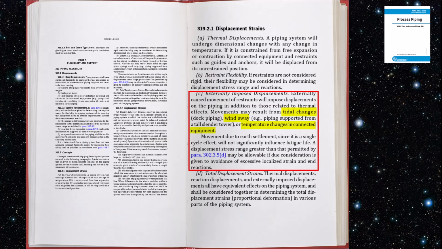Clearly, all of these externally imposed displacements are self-limiting and must be handled exactly as the thermal stresses are being handled in our just discussed displacement stresses and strain methodology, i.e., that stresses and strains above yield are allowed.